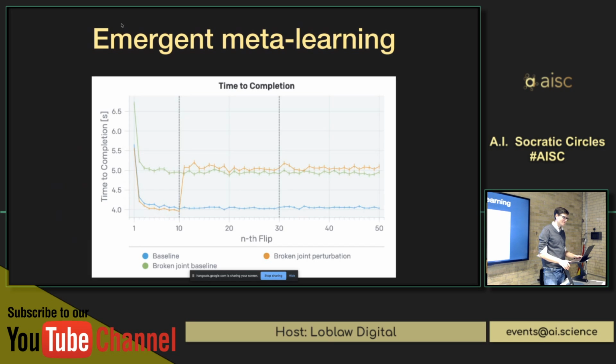Well, actually, this shows that with the broken joint baseline, the green line, you cannot do that with a robotic hand with a broken joint. So you have to compare with the broken joint baseline, which is the green line.